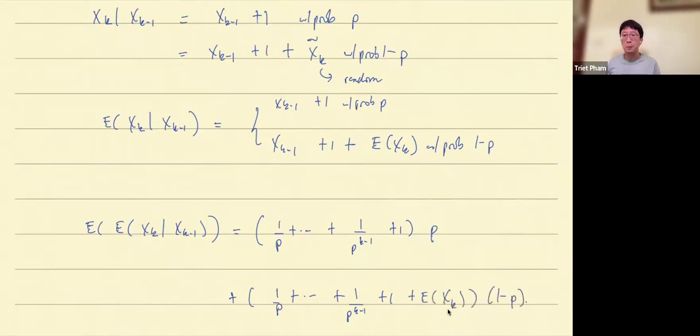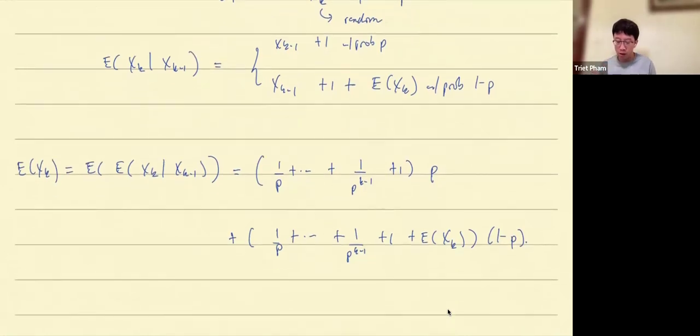Like that, okay? And of course, this is just expectation of xk. All right. And then we solve, right? But you see that if we subtract this over here, we're going to get just p times expectation of xk.